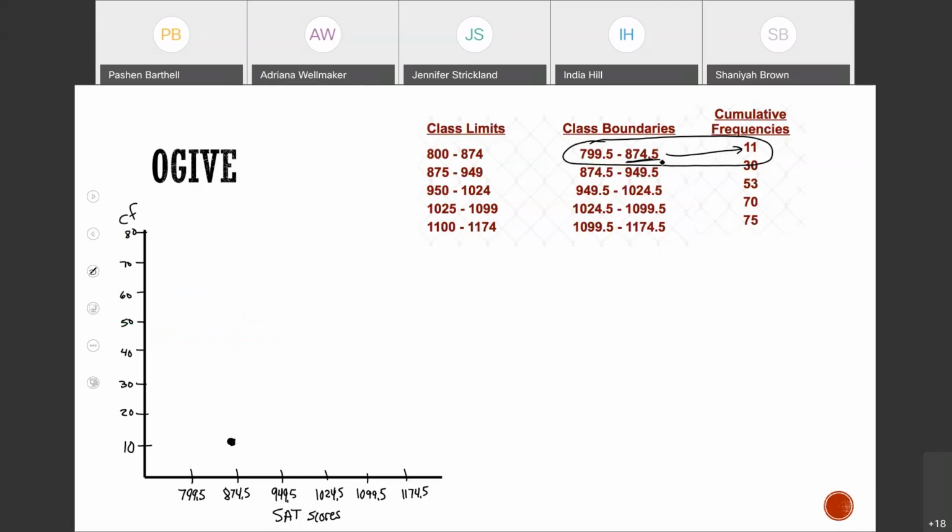So what I want you to do on this one, because this is a little bit hard to remember, is make yourself a note in your notes and say that the points are plotted at the end of each class. Okay, and that'll just help you remember when you're working homework or you're working on a test problem or whatever, that that's where your point needs to be at the end of the class.